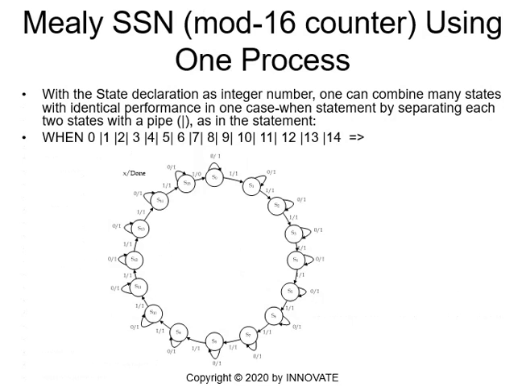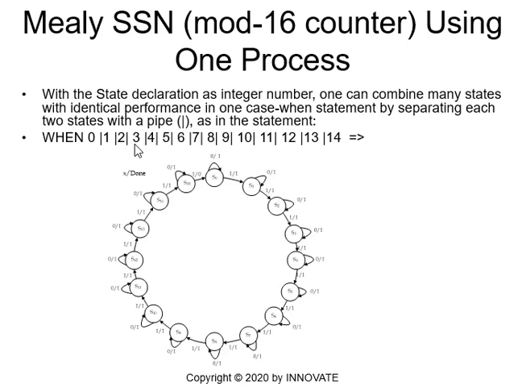Now, sometimes we have a large number of states in the machine. So how can we go through every state as we did in the case statement? We can actually do the following. When the state declaration has an integer number, one can combine many states with identical performance in one case when statement by separating each 2 states with a pipe.